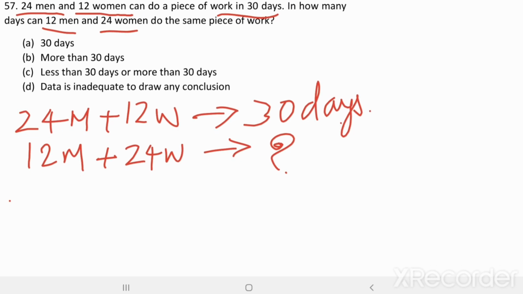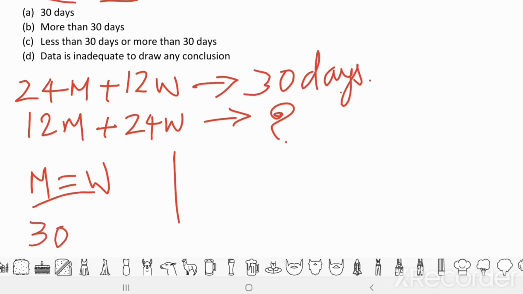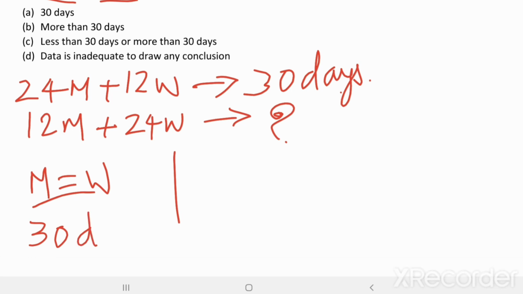Here, the efficiencies of men and women are not given. Suppose a man is equally efficient as a woman, then the number of workers is the same in both cases. Therefore, 12 men and 24 women can finish the work in 30 days.